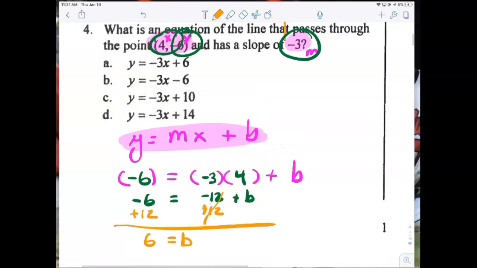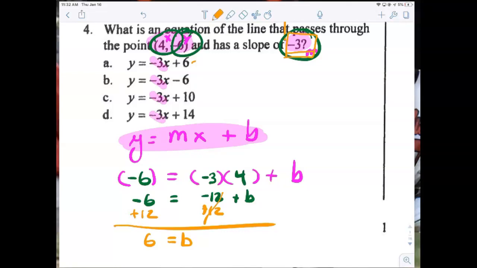The only choice that has a y-intercept of +6 is choice A. However, there's another way you could do this. So another way you guys could do this is first, if we have a slope of -3, look down our row here, and does everyone see these are all -3? So that doesn't help us to eliminate anything.